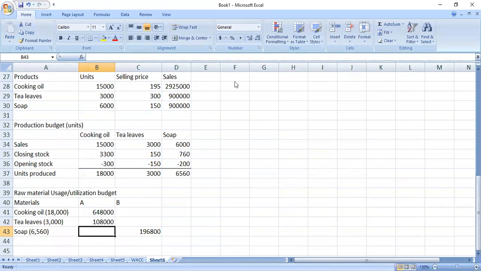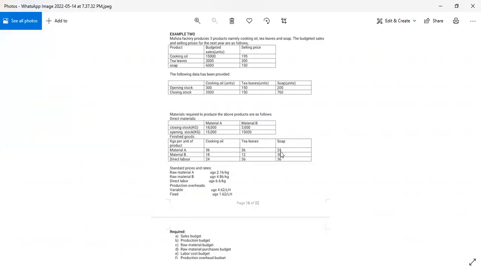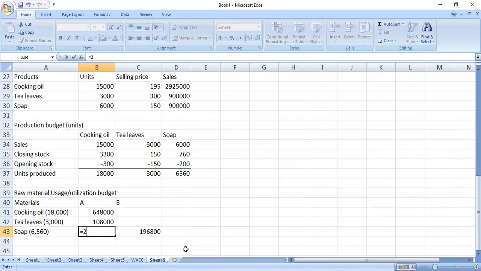Then we do the other one, which is soap. For soap, they said it is 24. So we're using 24 kgs of material A for a single unit, but we are producing 6,560.